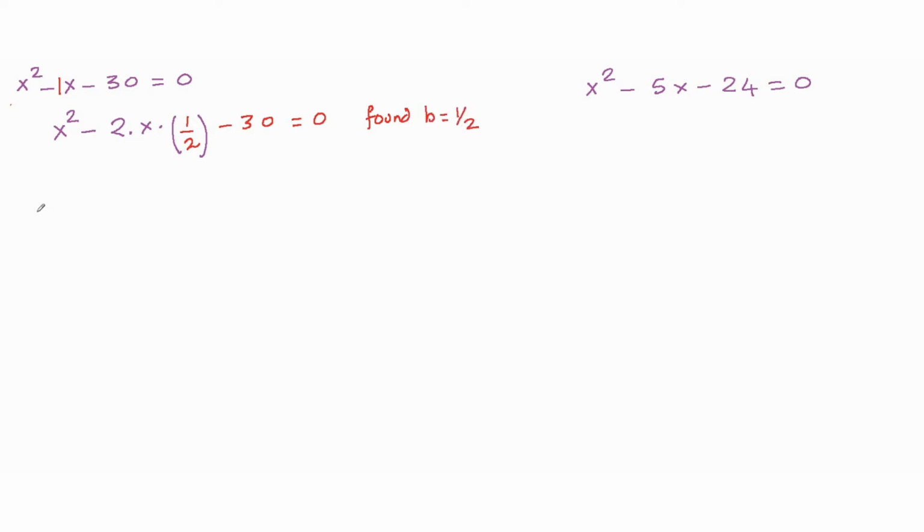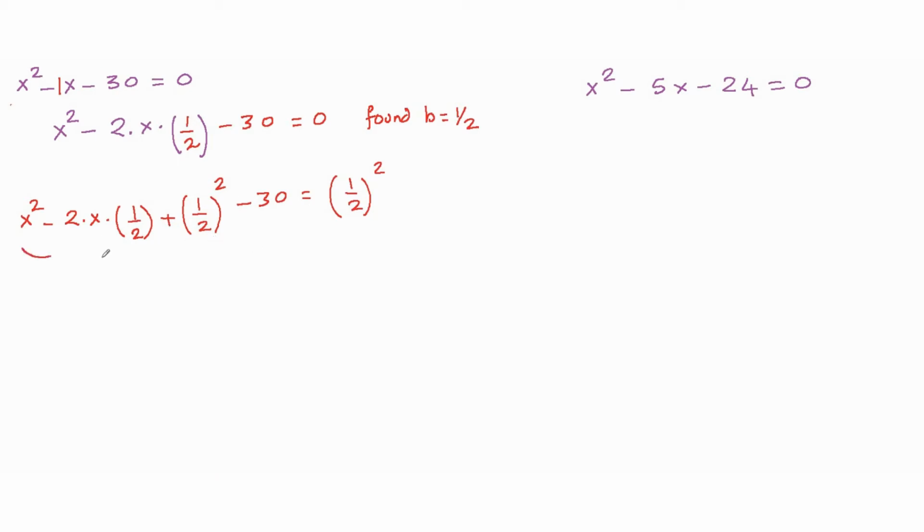So now let's complete the square, meaning I have a square minus 2 times a times b, and then let me add b square, that is let me add half square so that I can complete the square. Initially I only had a square minus 2ab, the b square was missing, and this half square has been added on both sides, right? And then I have minus 30 over here in the left hand side.